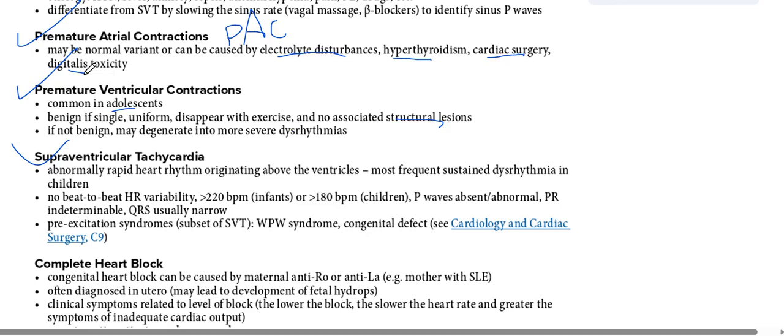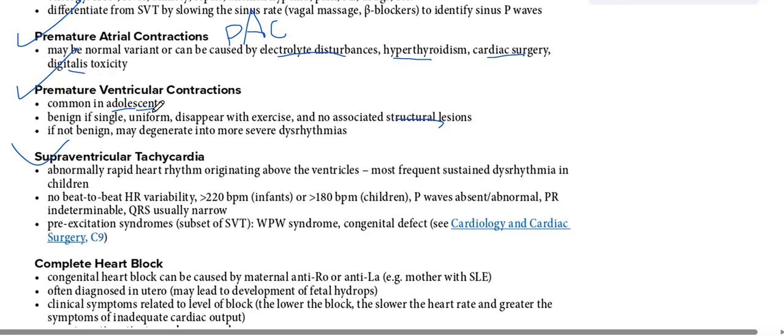So what we say: hyperthyroidism, heart surgery, electrolyte abnormalities, or digitalis.